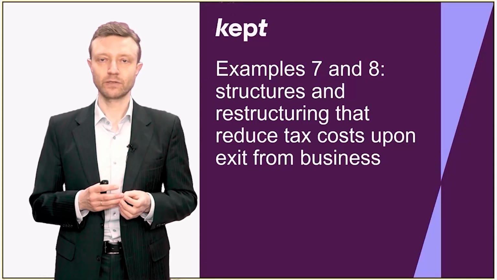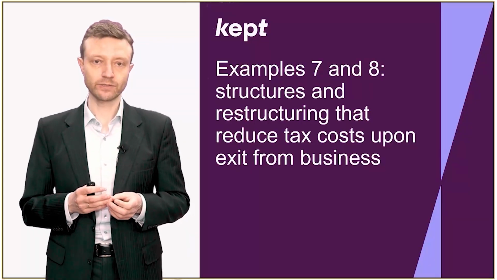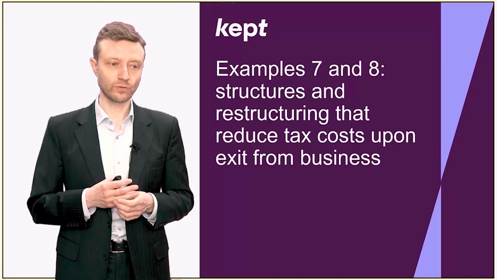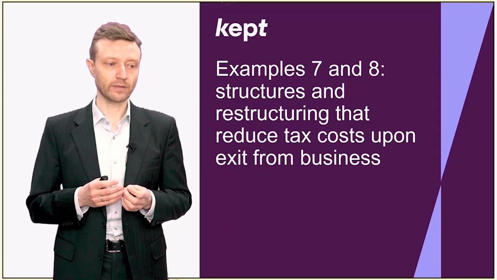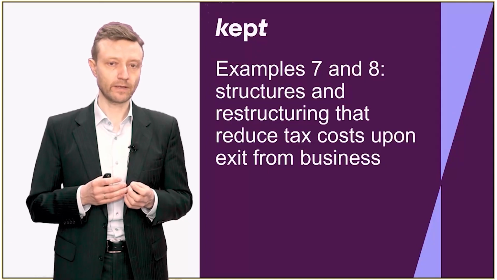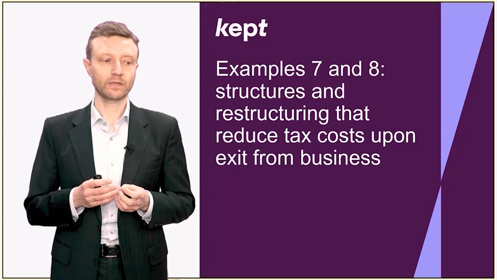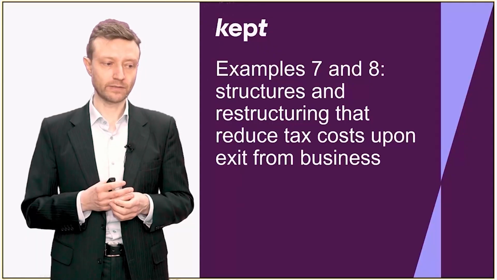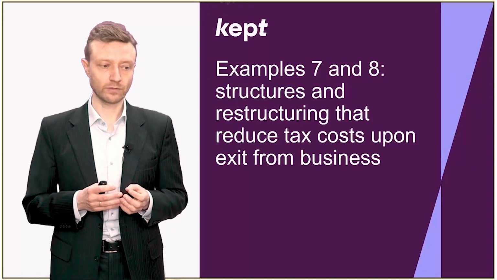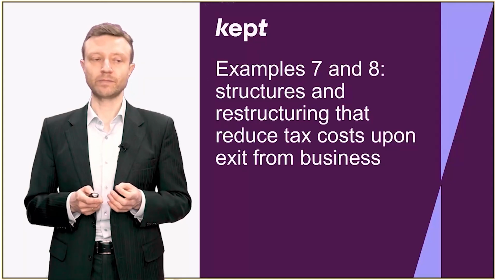We have now finished considering financing structures, and we should move on to examples that relate to structuring in view of potential exit from a business, and structuring that is aimed at reducing tax costs upon exiting from a business.